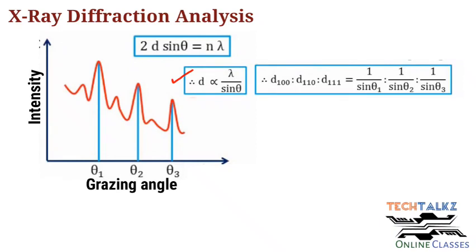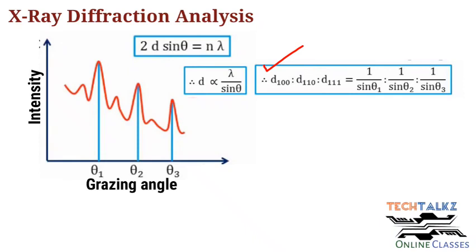And for three different planes, we can write d100 : d110 : d111 equal to 1 by sin theta 1 : 1 by sin theta 2 : 1 by sin theta 3. Theta 1, theta 2 and theta 3 are the angles at which we got maxima for those three planes, that is for d100, d110 and d111.